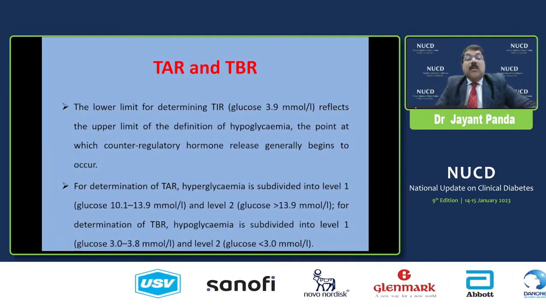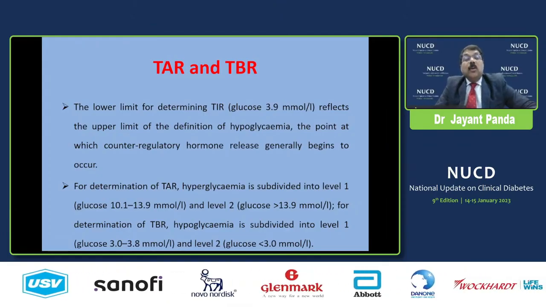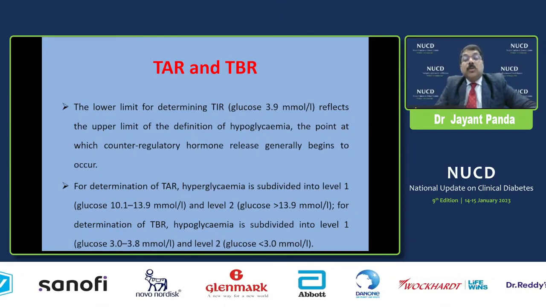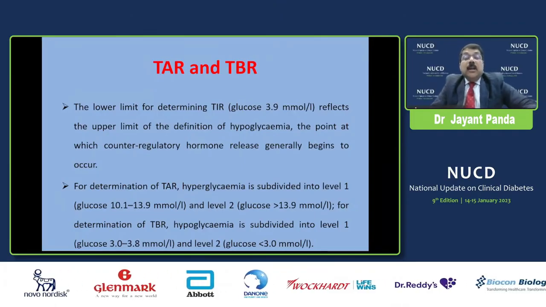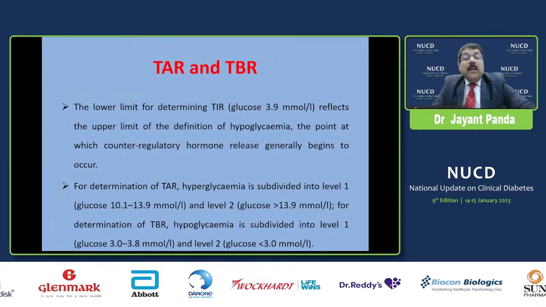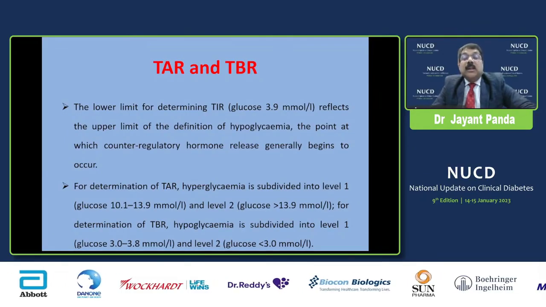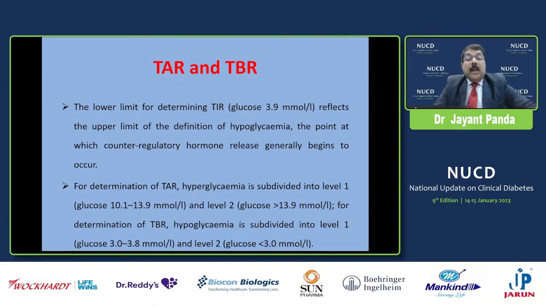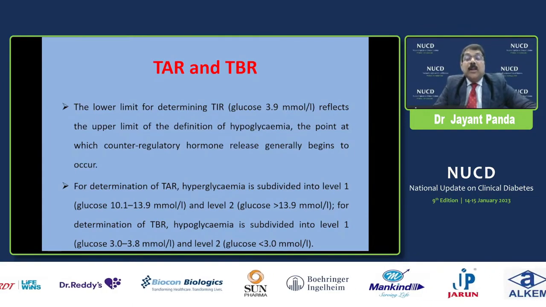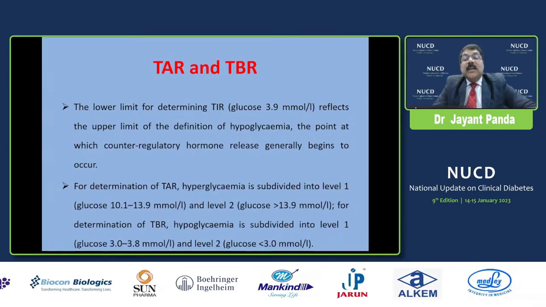And in the determination of time above range, the hyperglycemia is subdivided into levels: level 1 is 10.1 to 13.9, and level 2 is more than 13.9. And in the determination of time below range, the hypoglycemia is subdivided again into level 1, 3 to 3.8, and level 2, less than 3.